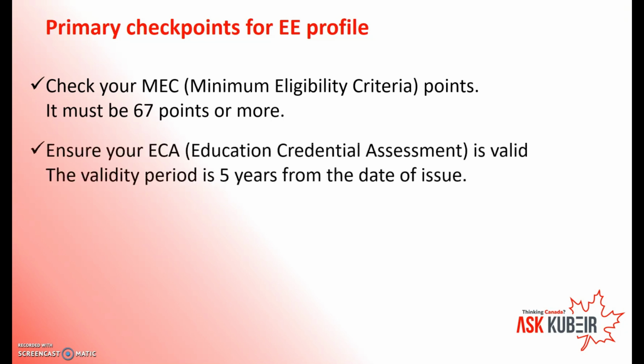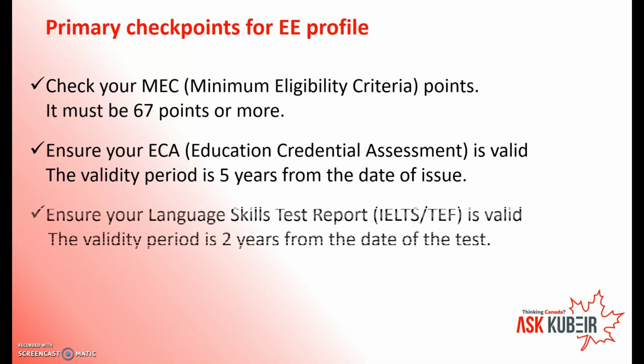The next one is to ensure that your ECA is issued by any of the 7 accredited agencies. ECA stands for Education Credential Assessment, and it must be valid when you create your Express Entry profile. The validity period for ECA is 5 years from the date of issue. So please make sure your ECA is valid when you are creating your Express Entry profile.